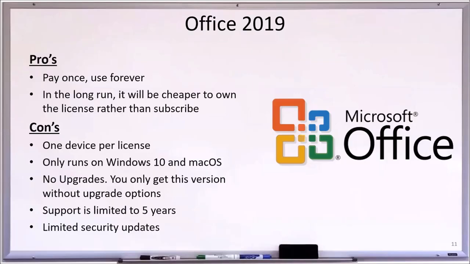And they're only supporting the package for 5 years. It's one device per license. So if you have a Mac and a Windows machine at home, you're going to need 2 copies. Limited security updates.